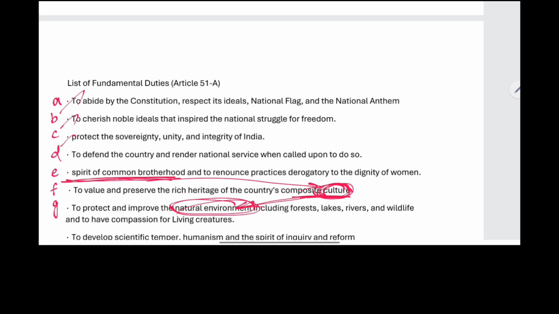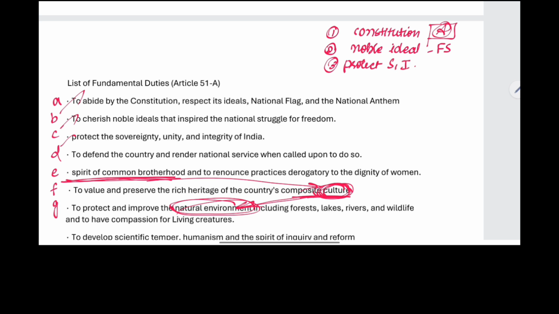Now, when we are revising once again, the first thing we will speak about is the Constitution. What do we speak about the Constitution? The national flag and the anthem, right? For the Constitution, we had a noble ideal of the freedom struggle. When we got freedom, we have to protect the sovereignty, integrity, and unity.